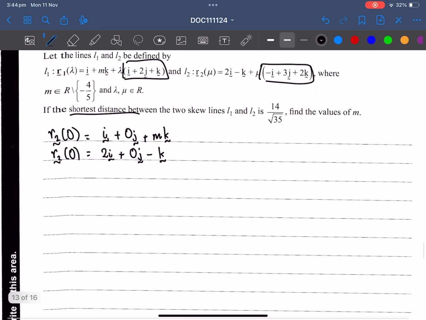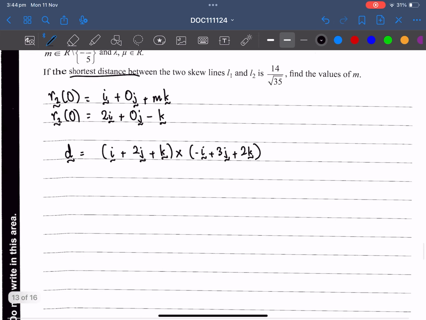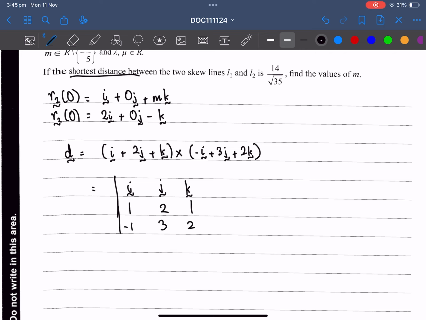Okay, so our d value is going to be the cross product of i plus 2j plus k cross negative i plus 3j plus 2k. So that would equal to i, j, and k. So we'll get 1, 2, 1, minus 1, 3, 2.